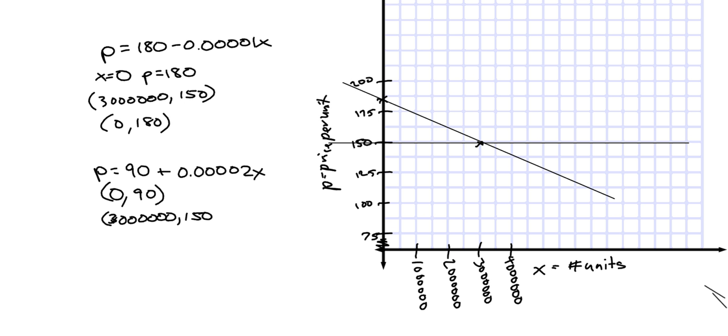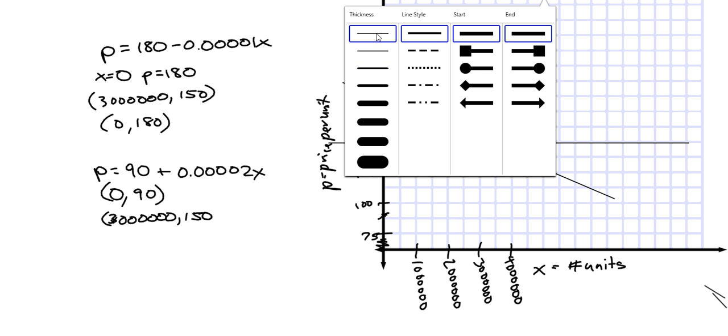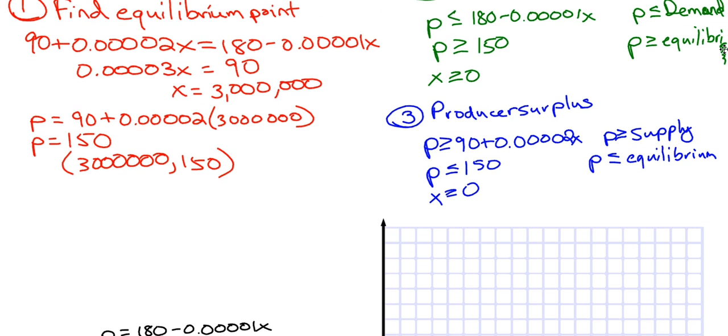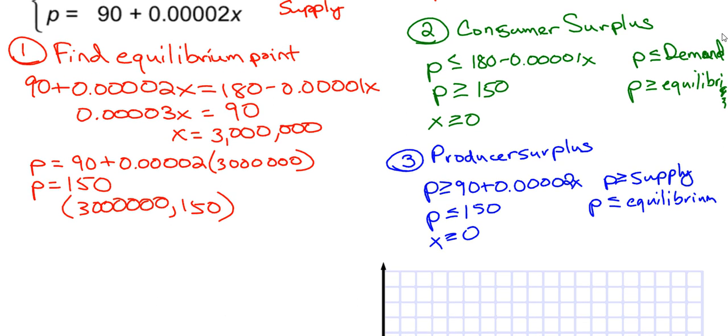I have 75, so 90 maybe would be about there. I'm going to go through that other point. And for this one, I just have to draw these lines in. That makes it a little easier for me as I go. And then I'll go back up here a minute, and if I look at this little group, maybe I'll see if I can grab those.